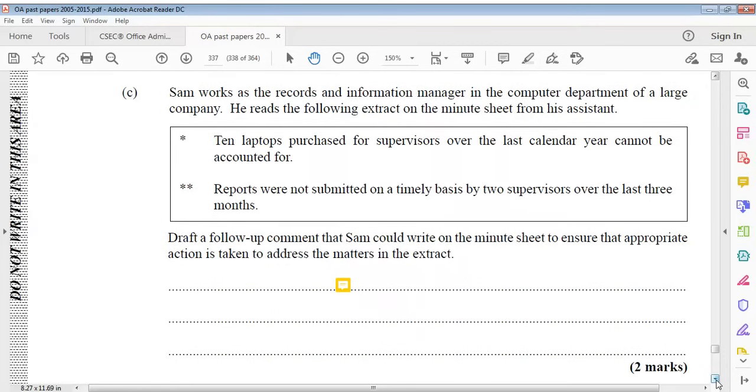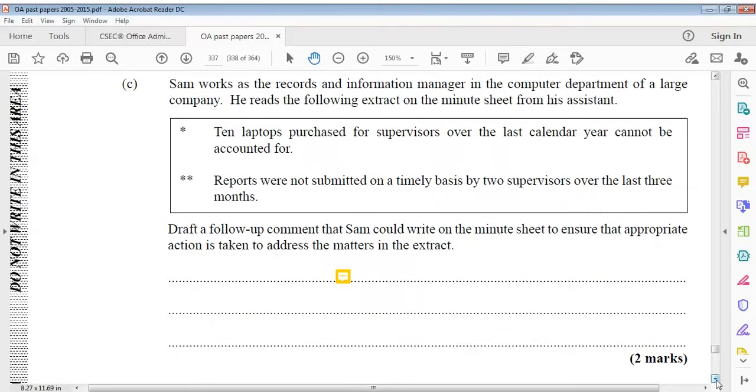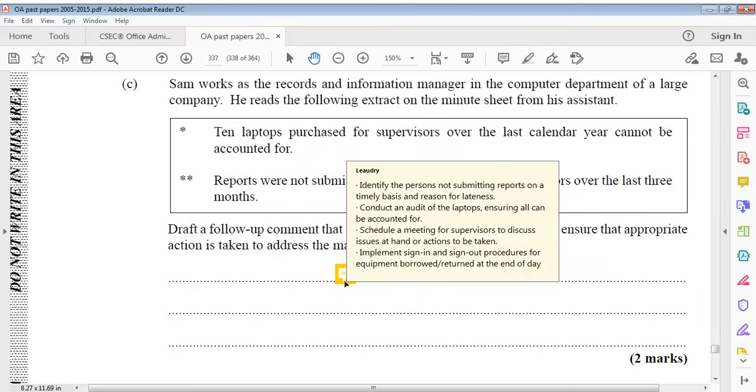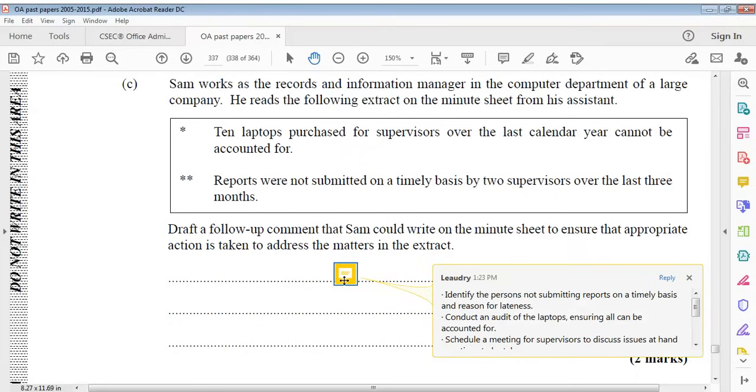So you're going to have to draft up a follow-up comment now. So let's see what he could write. So here we have it. 1, he could write, identify the persons not submitting reports on a timely basis and reasons for lateness.